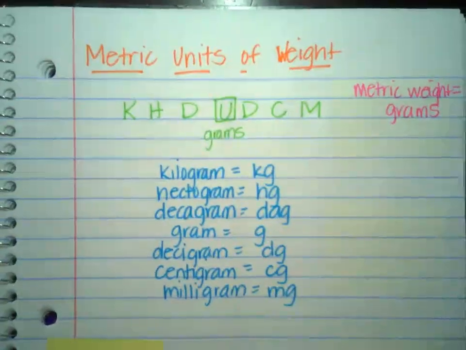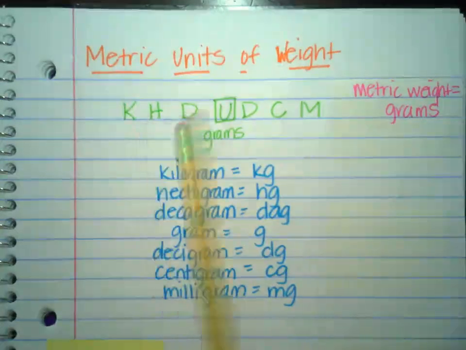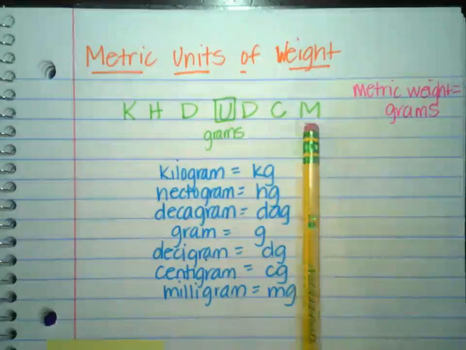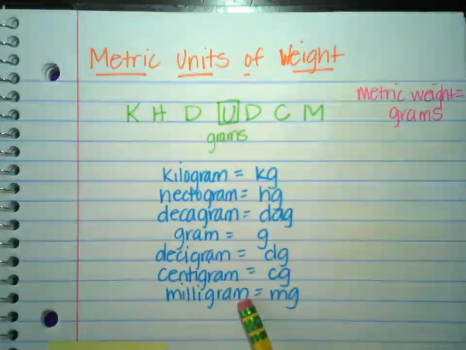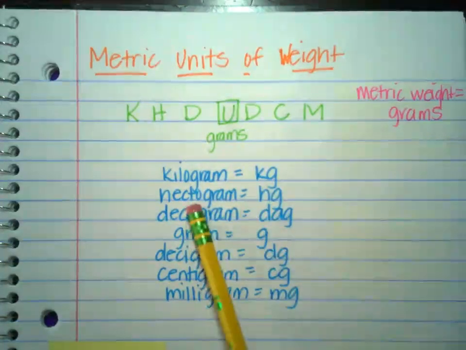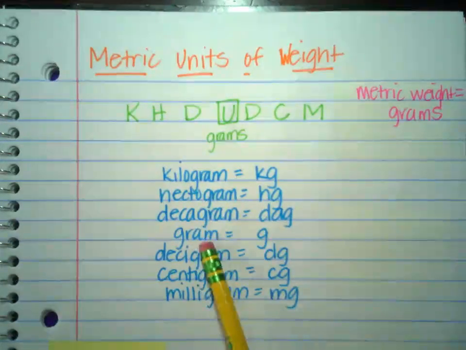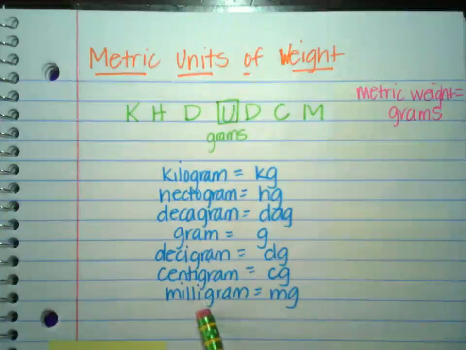So on our sheet, I have reminded you of our acronym. King Henry doesn't usually drink chocolate milk. I've also written down the abbreviations for our kilograms, kg, hectograms, decagrams. Gram is our unit, decigrams, centigrams, and milligrams.